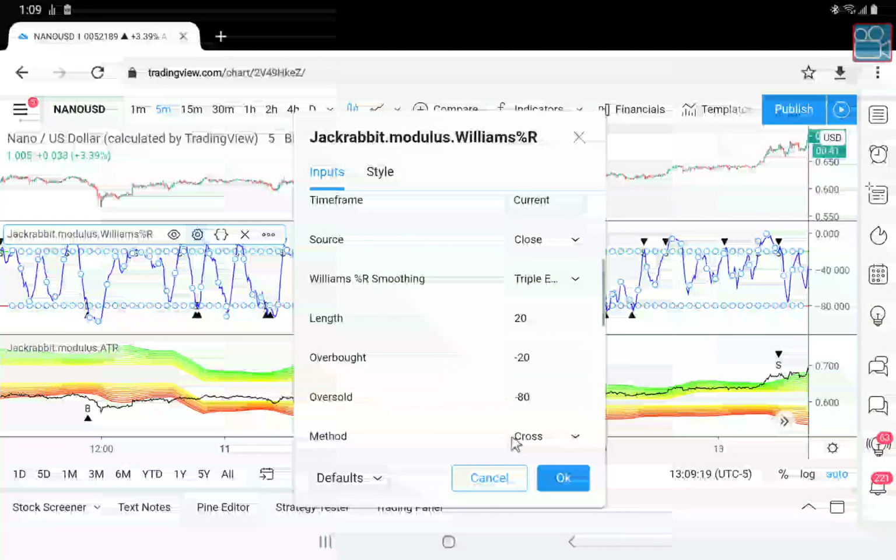And the crossover is default. So really all I changed in this is just the smoothing, which normally is none. The workload of this comes out of the ATR indicator and finding the best positions that the Williams indicator gives.